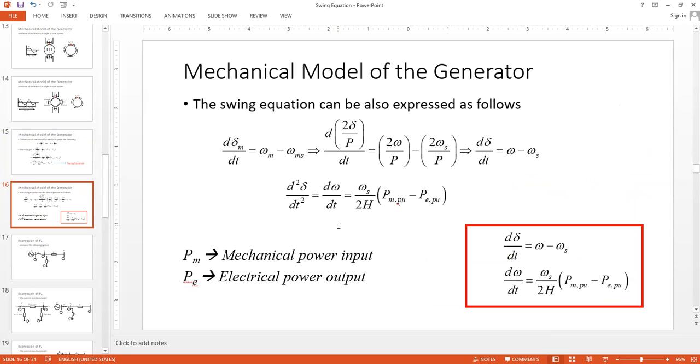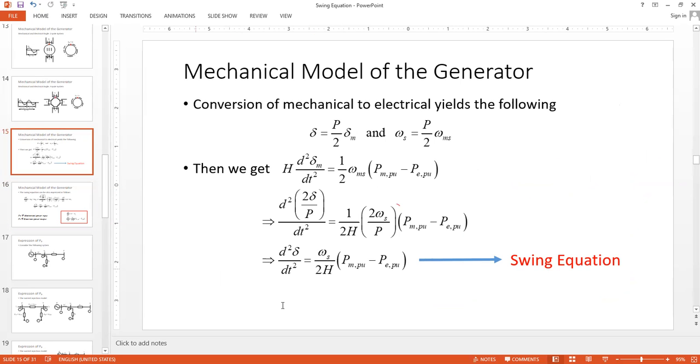For doing that, first of all, what is the physical meaning of this? Which parameter do you get out of this? Is it angular position or speed or acceleration? Acceleration. Excellent.